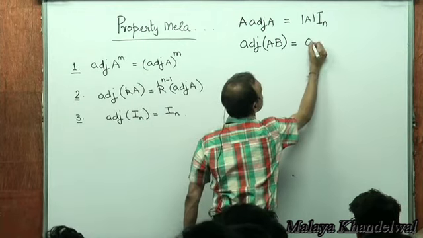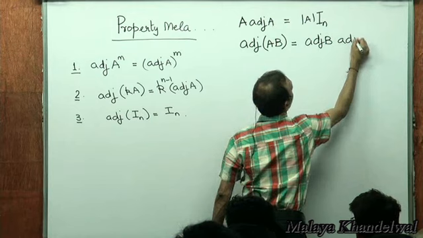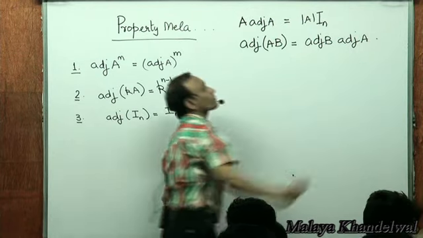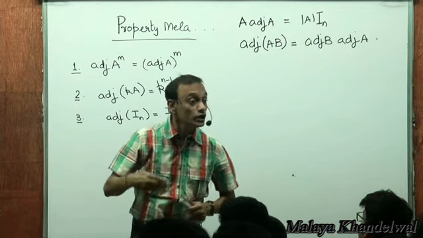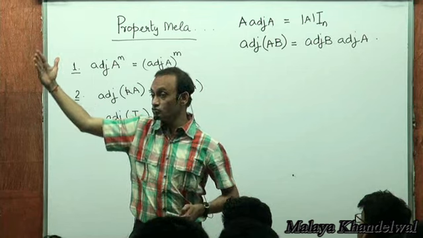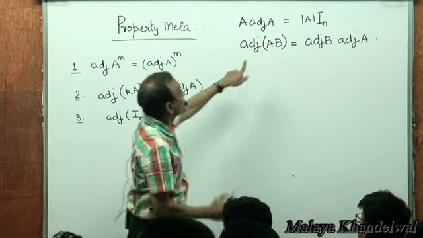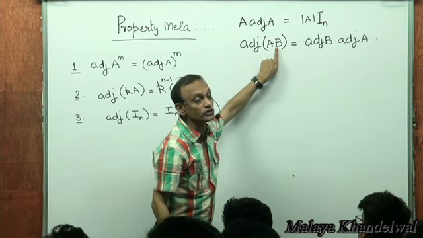Adjoint AB is adjoint B into adjoint A, which is the reversal rule. And the reversal rule also applies for transpose: AB transpose is B transpose into A transpose, right? The reversal rule applies for adjoint AB, which is going to be adjoint B into adjoint A.